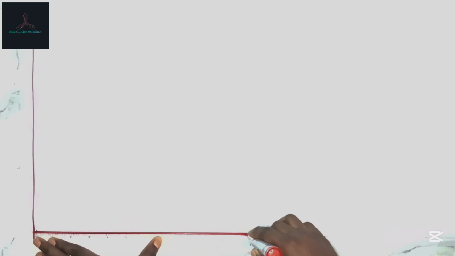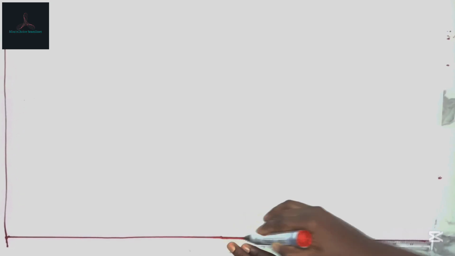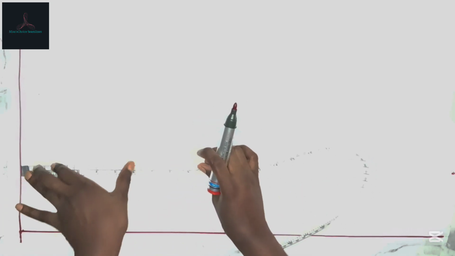The first step is to rule a starting line here, and also across this part. From the starting line here, I'm going to come down by my chest measurement of 8.5 inches.